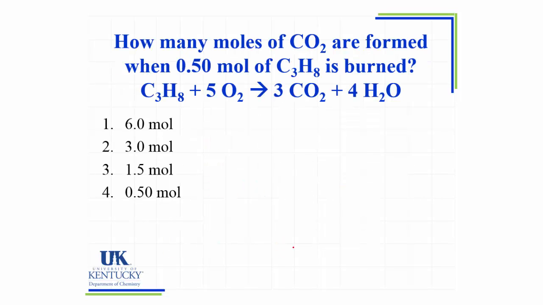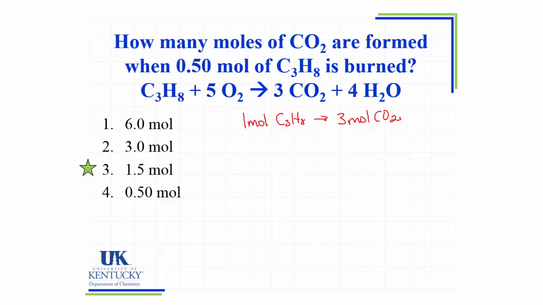So let's look at an example. How many moles of CO2 are formed when a half a mole of C3H8 is burned? When we look at this relationship, we know that if we have 1 mole of C3H8, we get 3 moles of CO2.